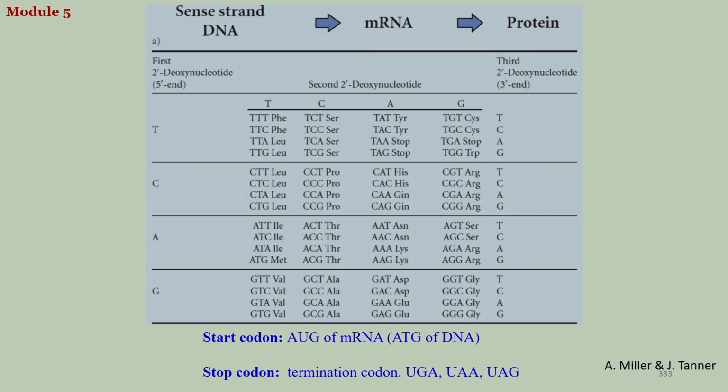You can write it in two ways. One is you can directly take the sense strand sequence, of course, it goes through the mRNA and then protein. So, you can take the sequence of the sense strand and find out the codons, or you can take the sequence of the mRNA strand and find out the codon. The table looks like this.